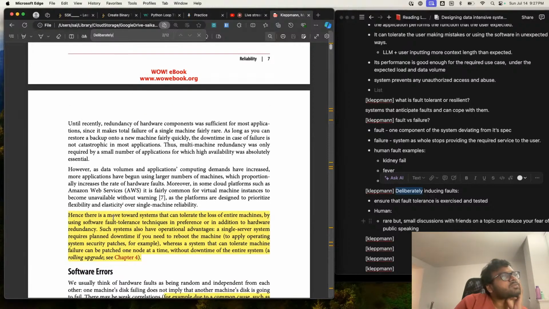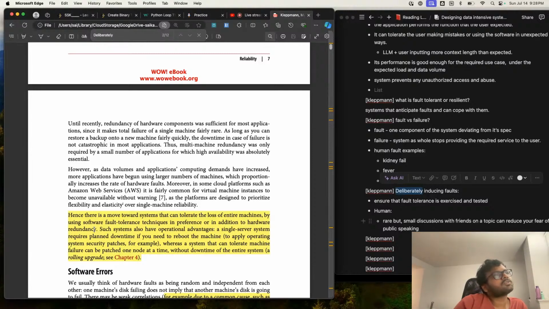Hence, there is a move towards systems that can tolerate the loss of an entire machine by using software fault tolerance techniques in preference or in addition to hardware redundancy.